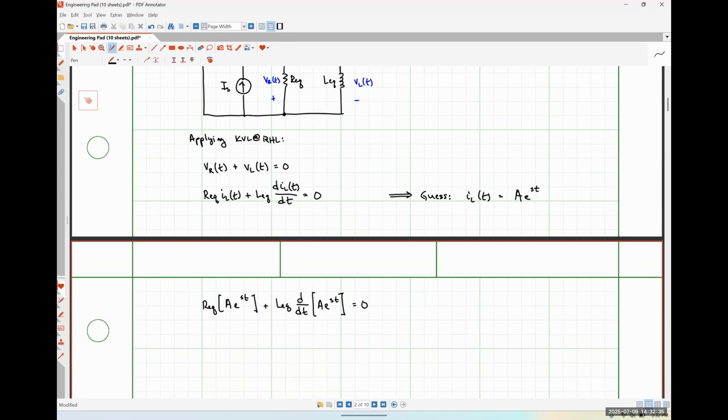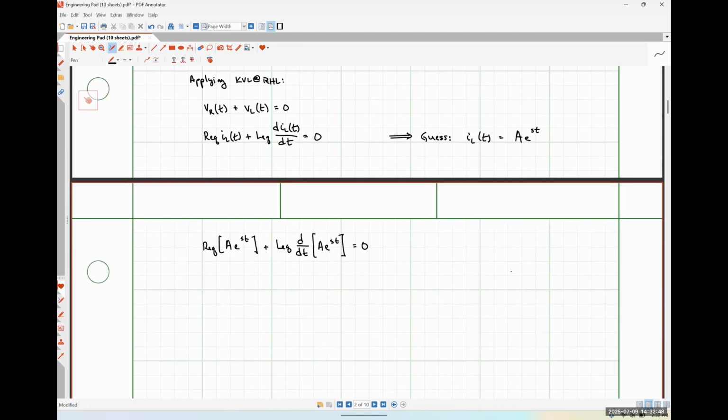This is equal to 0. And now I'm just going to perform that derivative. If I take the derivative of A times e to the st, I will just get S times A times e to the st. So that would look like REQ A e to the st plus S LEQ A e to the st is equal to 0.